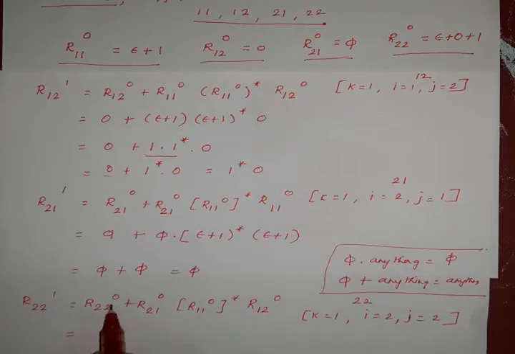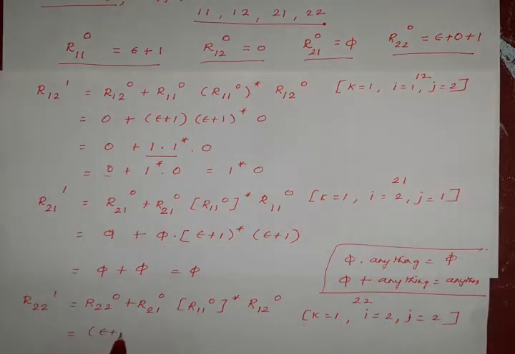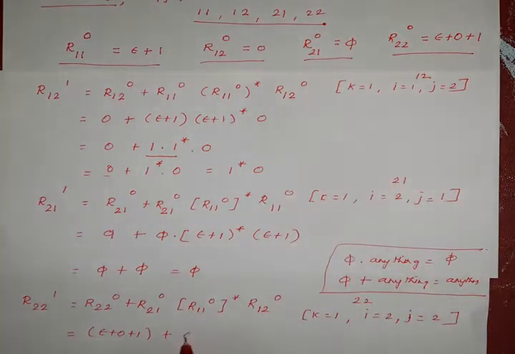R22 power 0 is epsilon plus 0 plus 1, so we write epsilon plus 0 plus 1, and plus R21 power 0 we get phi, and R11 power 0 is epsilon plus 1 the whole star, and the last one is R12 power 0, the result is 0, right?